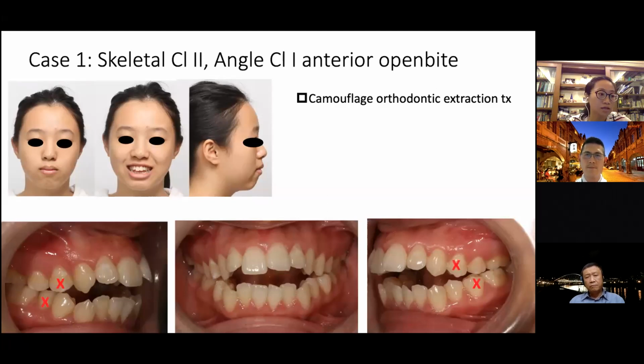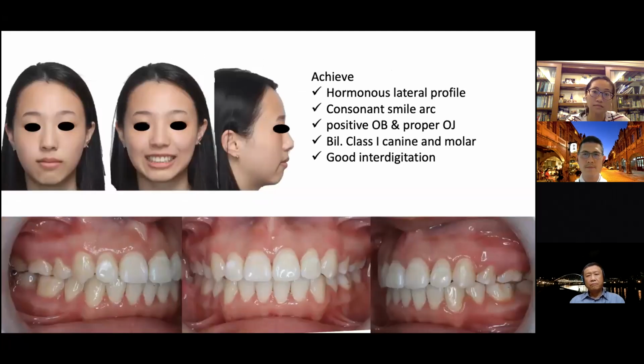So we extracted 4 premolars, including the upper first premolars and lower second premolars. In 2 years of treatment, we achieved a harmonious lateral profile, a consonant smile arc, positive overbite, proper overjet, bilateral class 1 canine and molar, and good interdigitation.